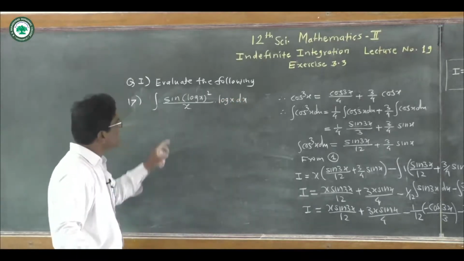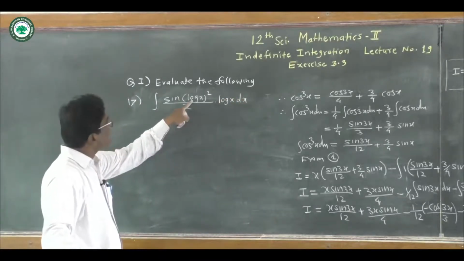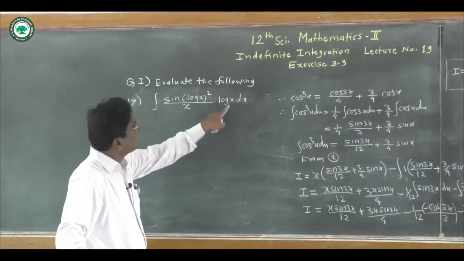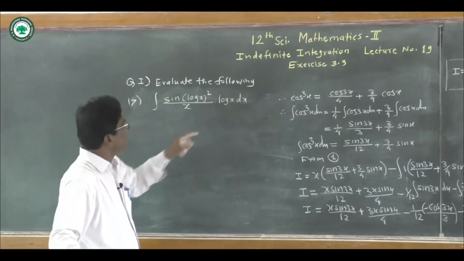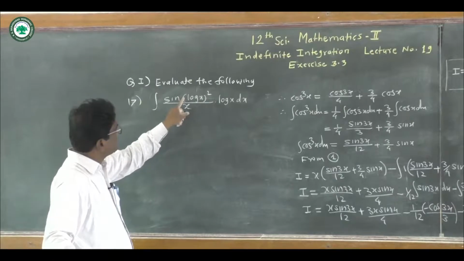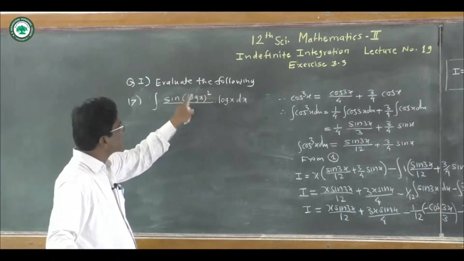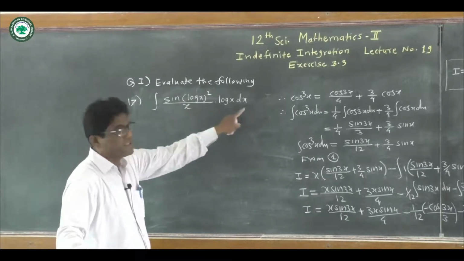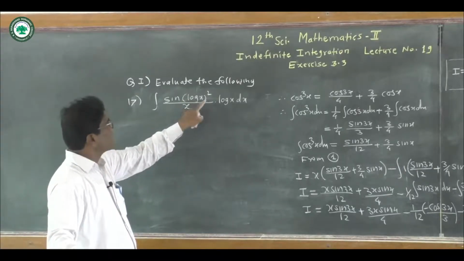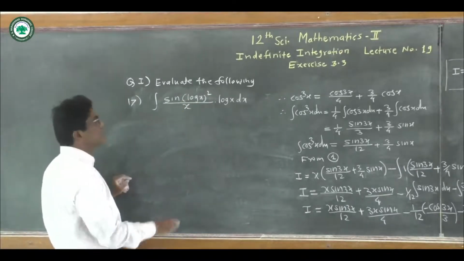Now observe here, sin of log x square upon x into log x dx. If we use the substitution method and we put log x bracket square as t, then the derivative of this is log x upon x dx, and so we put log x bracket square is equal to t.